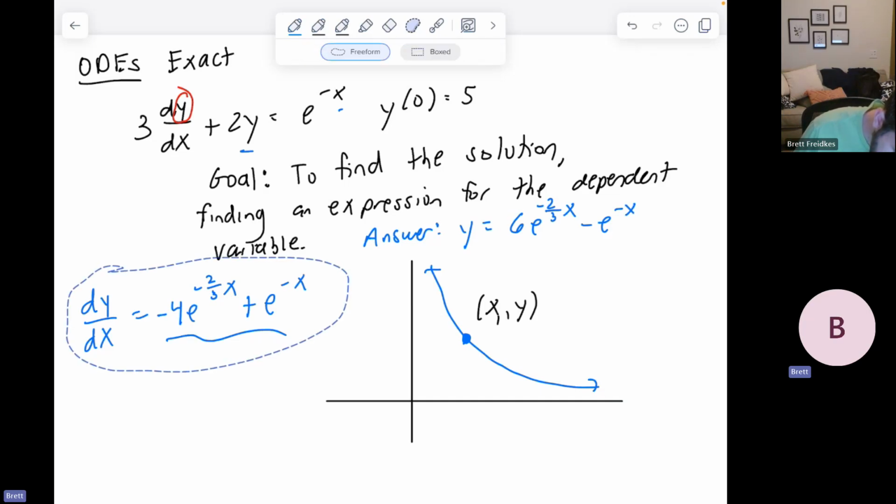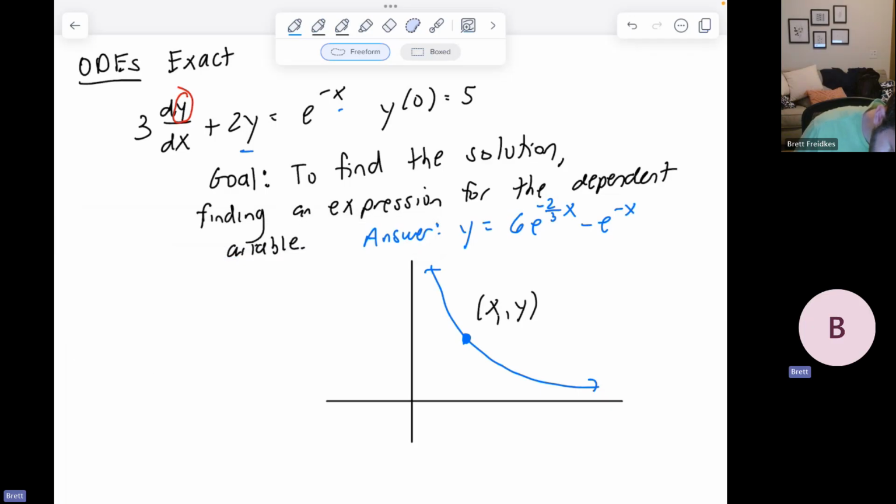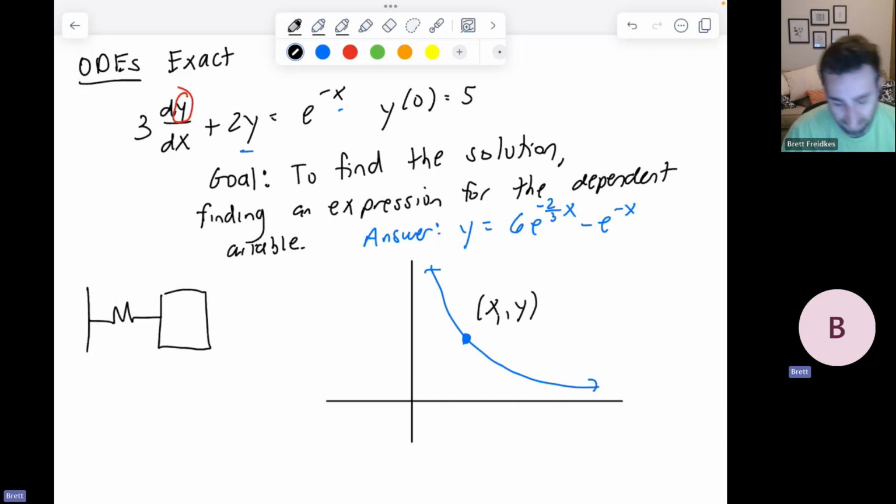Now, from a physical perspective, the example that I'll give that you'll hear about more in the future is a vibration example, which this system actually isn't. This first order equation doesn't describe a vibrating system, which is second order.